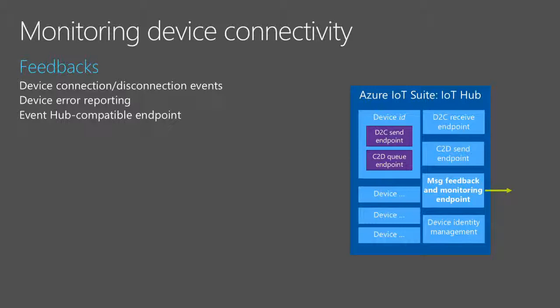For these reasons, we're basically building into IoT Hub a very, very verbose feedback and monitoring feature that allows you to get information regarding device connection and disconnection events, device error reporting, and of course, these events are emitted on an Event Hub compatible endpoint.